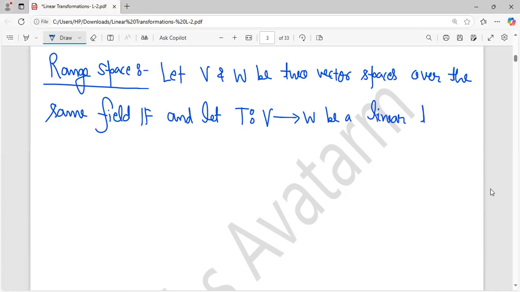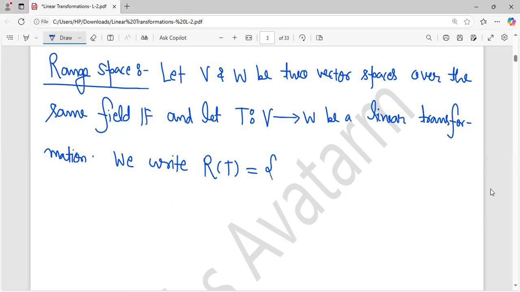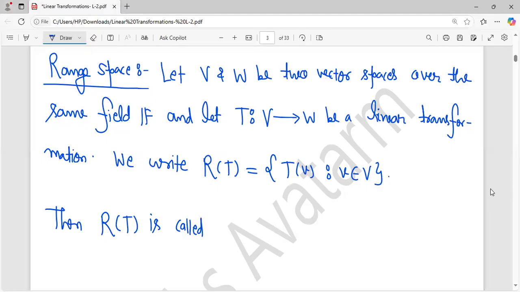We write R(T) is equal to the collection of all T(v) where v belongs to V. Then R(T) is called the range space of T.